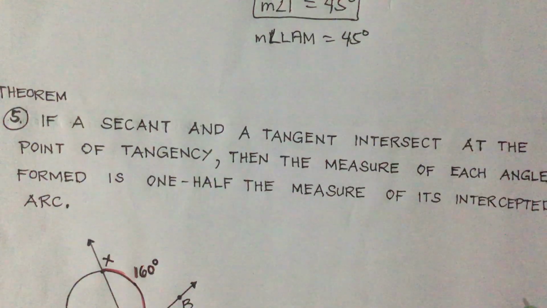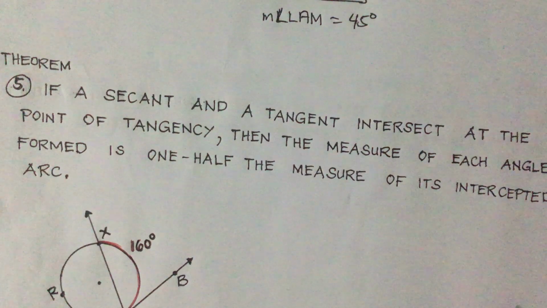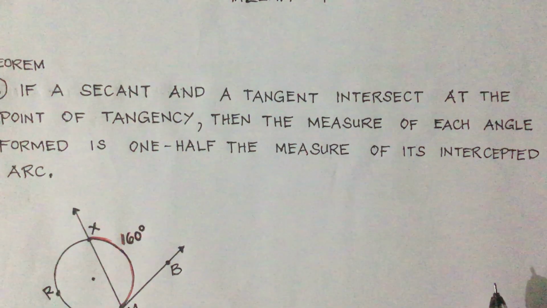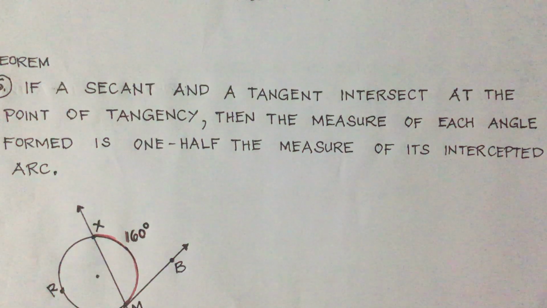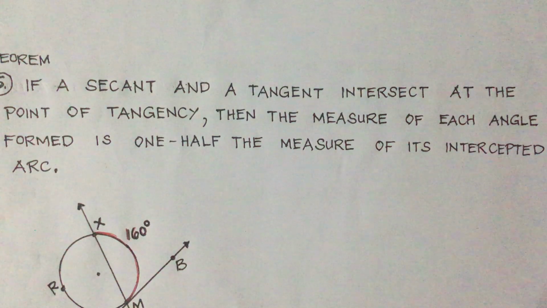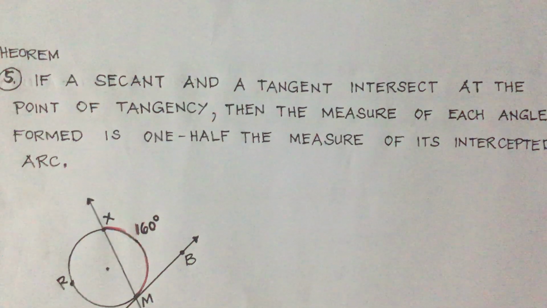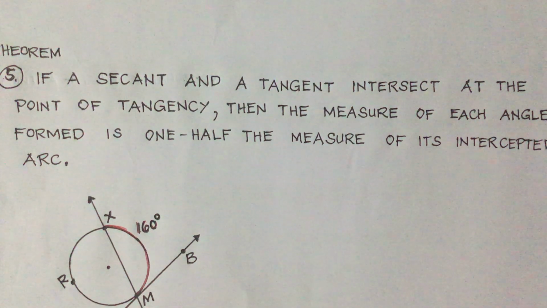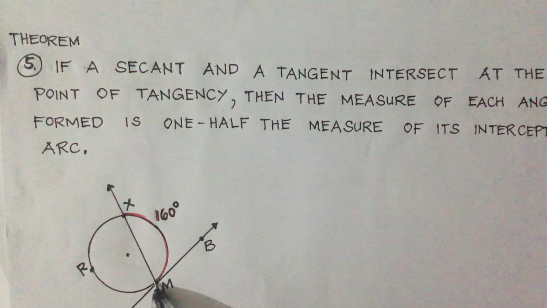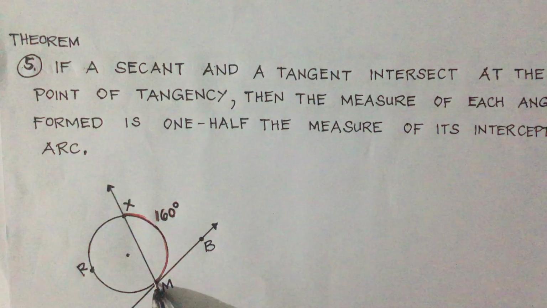So ikalimang theorem. So theorem number 5, if a secant and a tangent intersect at the point of tangency, then the measure of each angle formed is 1/2 the measure of each intercepted arc. So since the lines intersect at point of tangency, so this one at point of tangency at point M, then the intercepted arc is only 1.